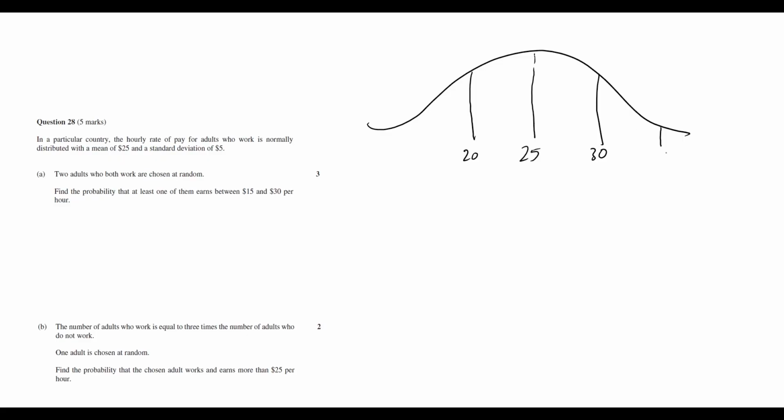We'll put the next ones in as well, so that would now be 35 up here, and 15 around there. Now what it's asking is, what is the probability that at least one of them earns between 15 and $30? That means essentially, what is this area, all the way from 15 up to 30.